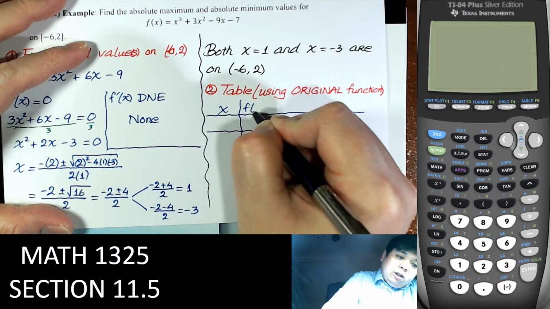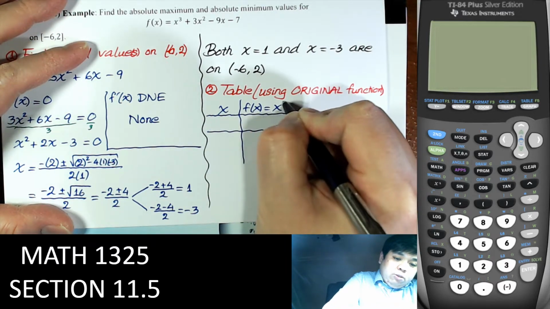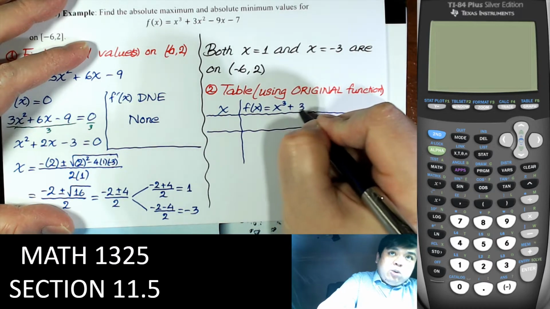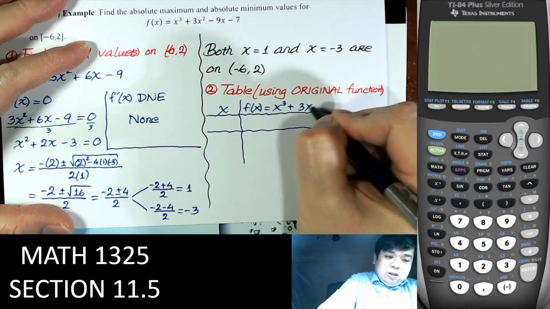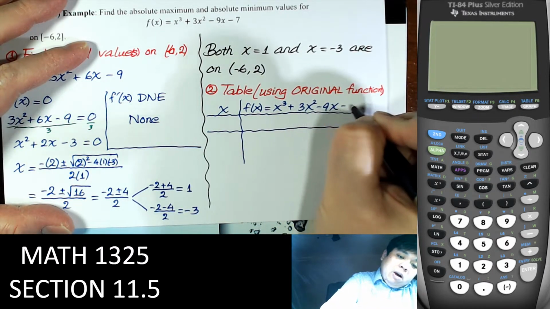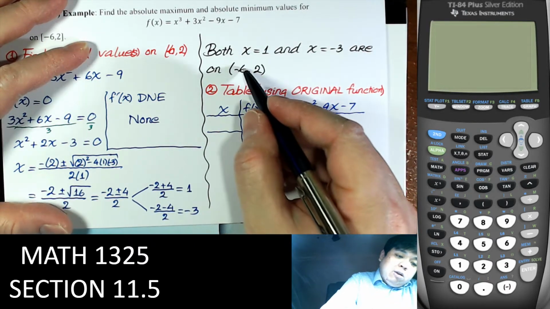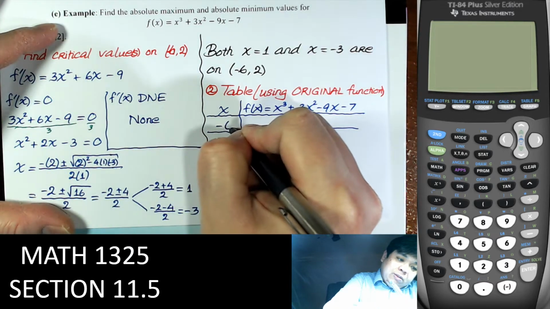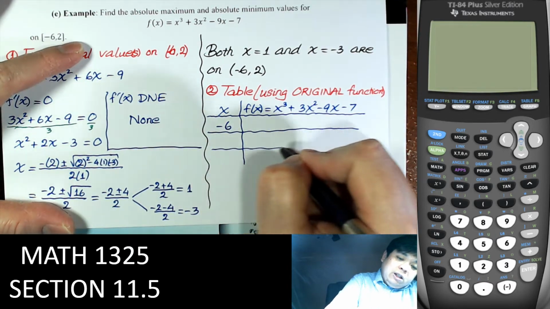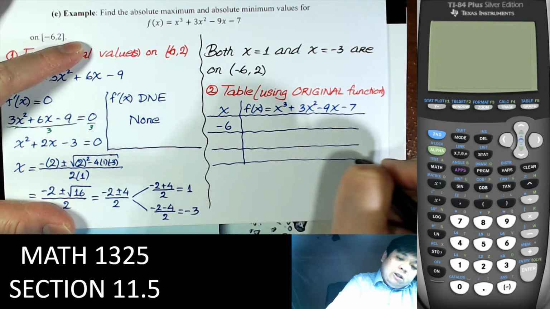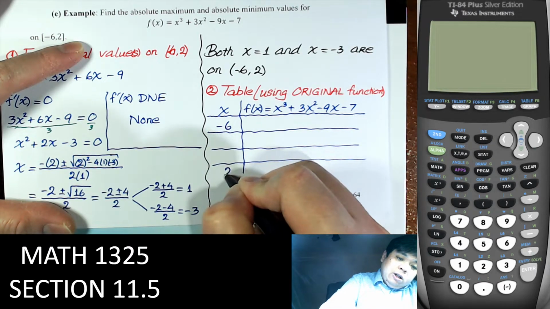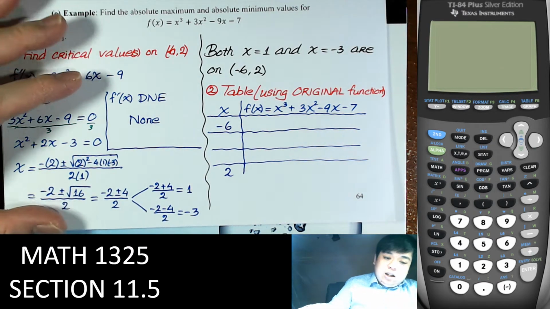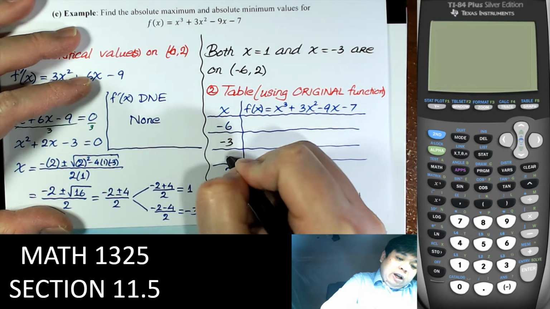So the function is x cubed plus 3x squared minus 9x minus 7. The boundaries are -6 and 2, sorry. And the critical values inside are -3 and 1.